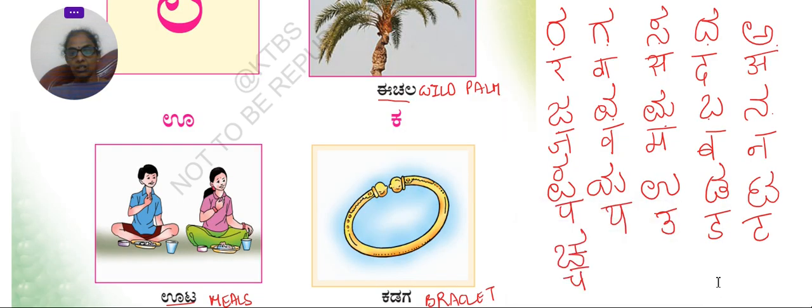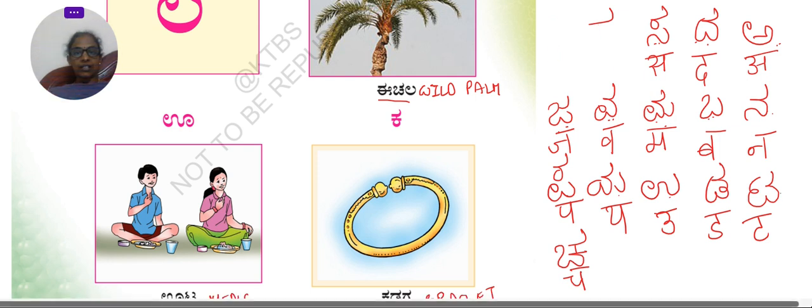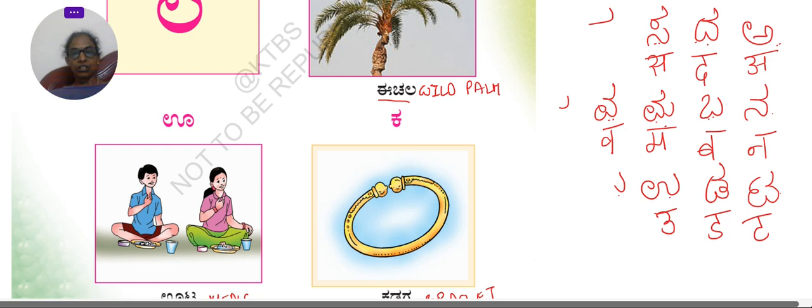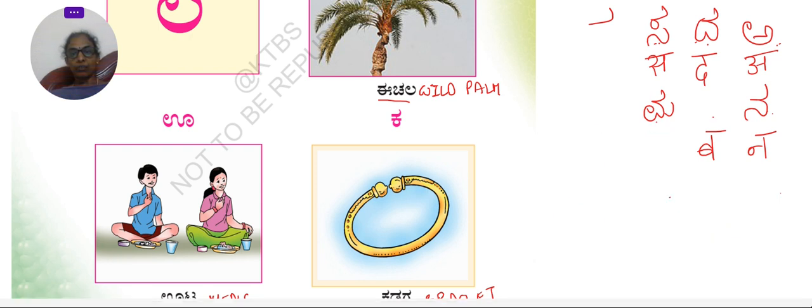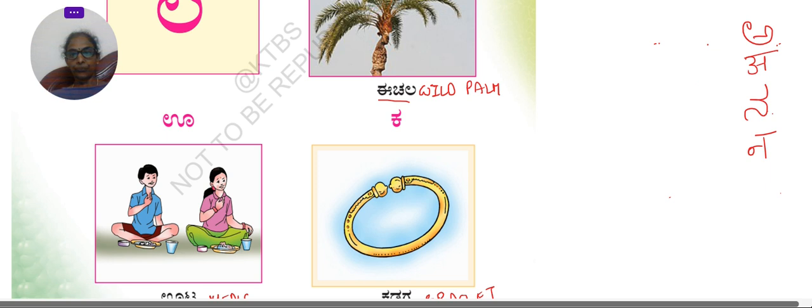So we have seen totally 16 alphabets so far. Ra, Ga, Sa, Da, A, Ja, Va, Ma, Ba, Na, Pa, Ya, U, Da, Ta, Cha. So today's lesson has only 4 alphabets. Let us look at the alphabets of lesson 4.